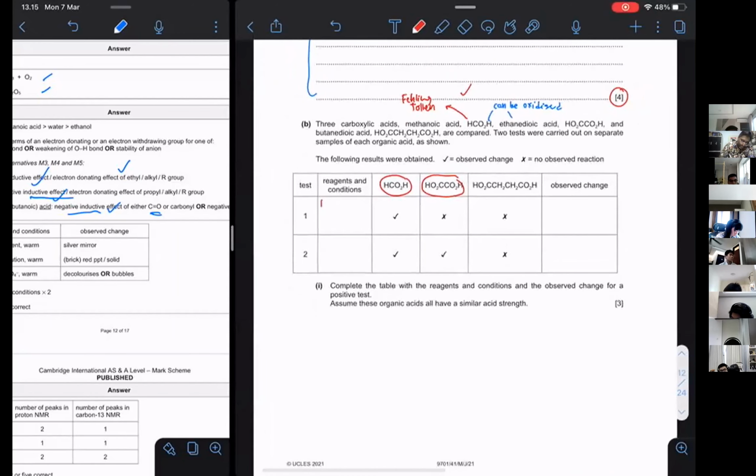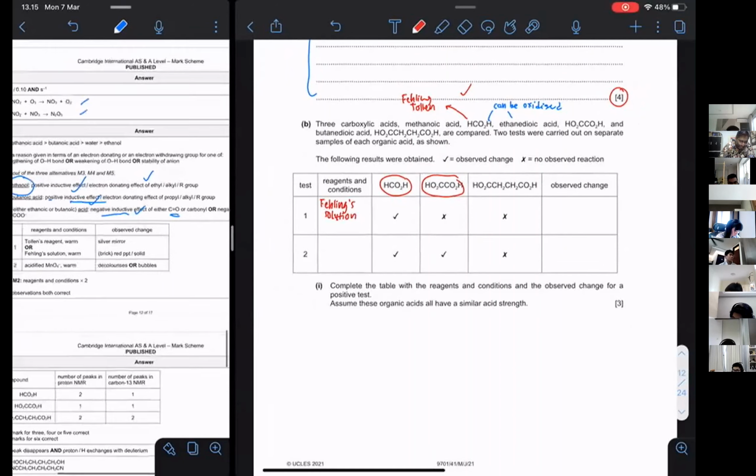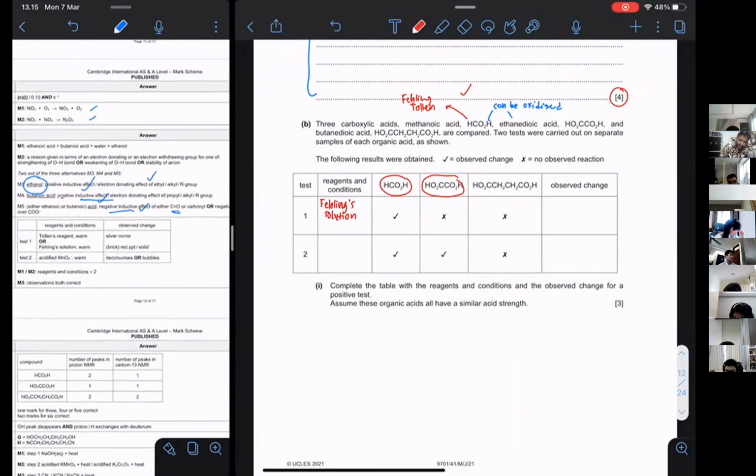So you can choose which one you want to use. Let's say you use Fehling's solution. The condition is that for either Fehling's or Tollens', you need to warm the mixture. What will happen? The Fehling's solution is going to give you a brick red precipitate.